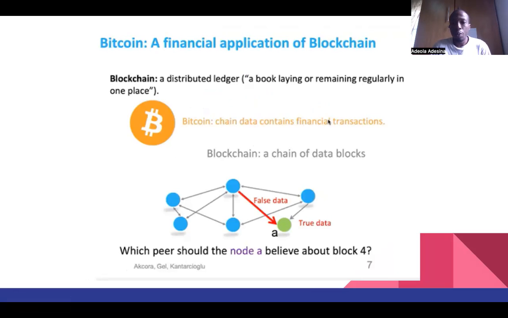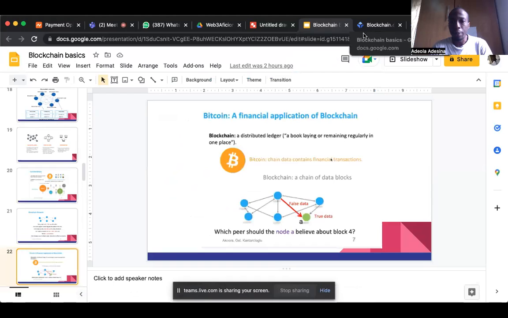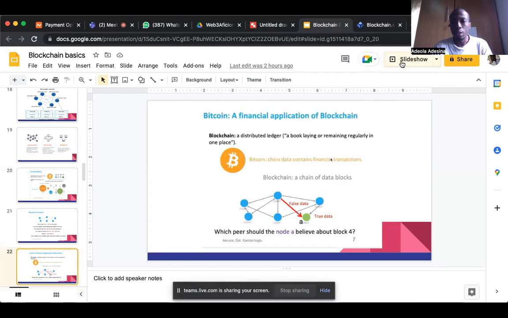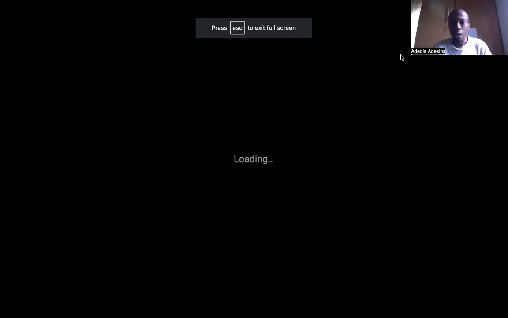In my example, BigchainDB is a chain of data containing data transactions. So, once again, this is a chain of data blocks containing data transactions, right? While Bitcoin, again, is a chain of data containing financial transactions.